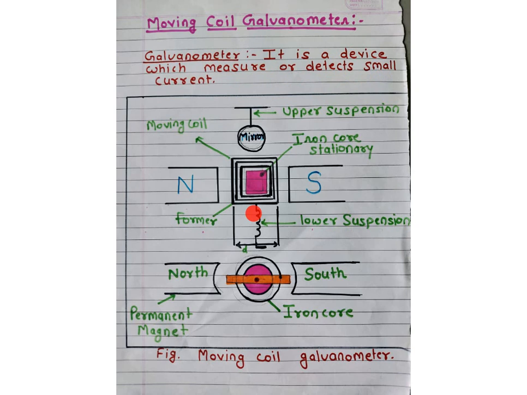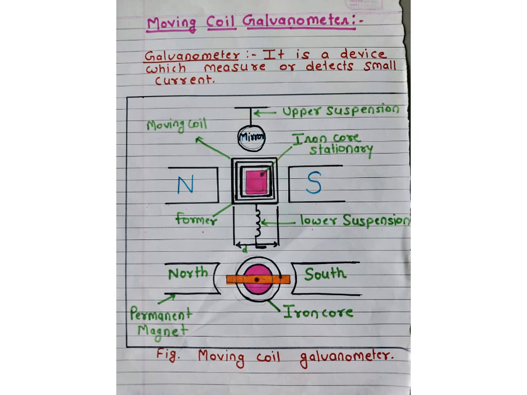In this diagram, it consists of a coil of several turns mounted in such a way that it can freely rotate about a fixed axis in a radial uniform magnetic field. A soft iron cylindrical core makes the field radial and strong.